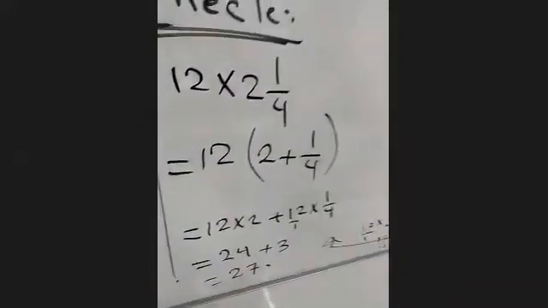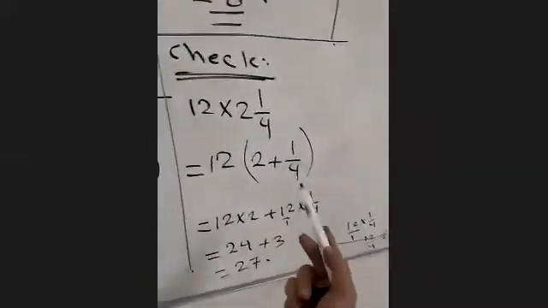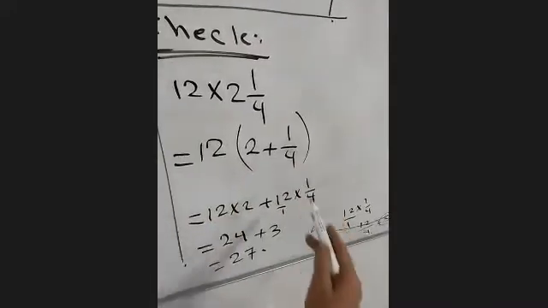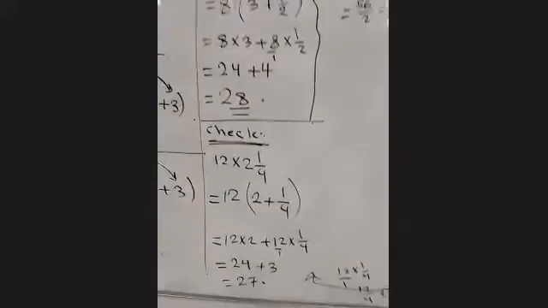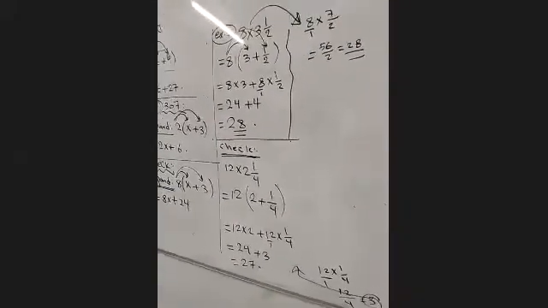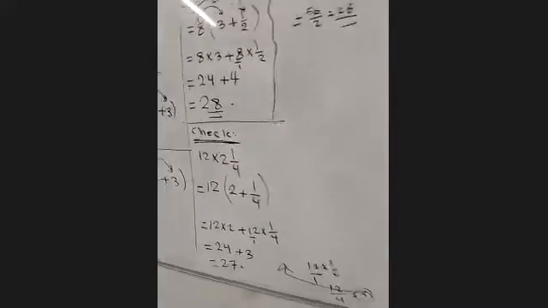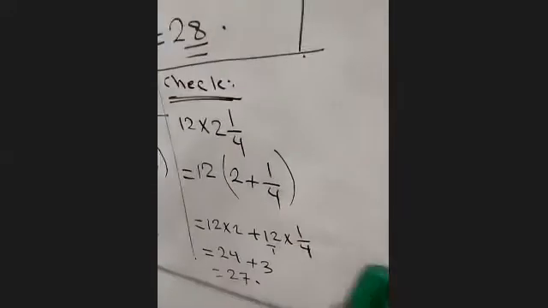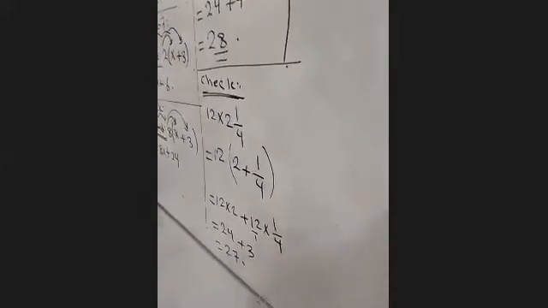So the parentheses here are very important. Now, after I make them, 12 by 2, 12 by 1 over 4, simplify, the answer is 27. Excellent, Abdul Rahman. Copy, guys, please. Copy the check below example 2.